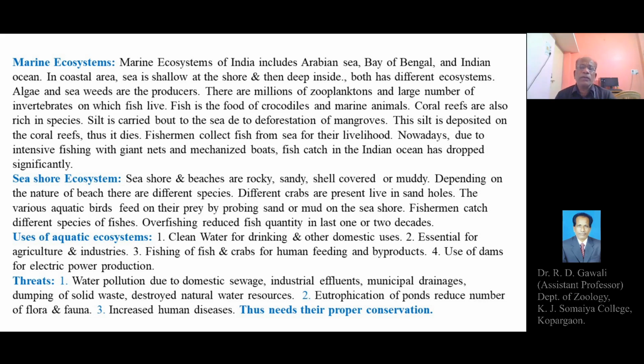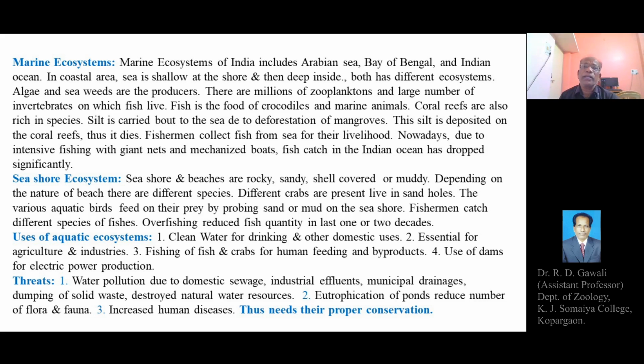Whatever natural water resources are available near the towns, cities or metropolitan cities get polluted due to the release of domestic sewage, industrial effluents and municipal drainages, which carry large quantities of organic waste, inorganic waste, toxicants or different types of toxic pollutants, and even pathogens, which are simply released into the nearby water resource, and this has led to the problem of water pollution.